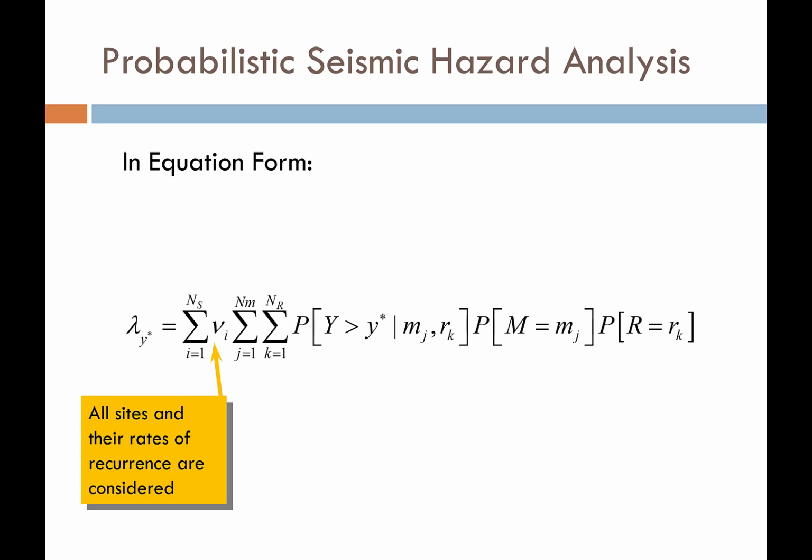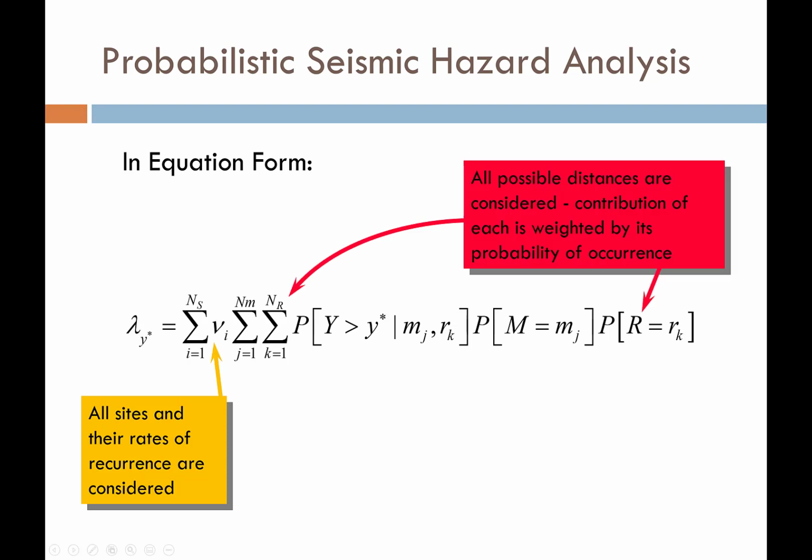So first of all, with this term here of N sub S, that S refers to the different sources. So we're going to iterate through all of the sources that are surrounding our site, along with their various recurrence rates. That's what that Greek symbol nu stands for.